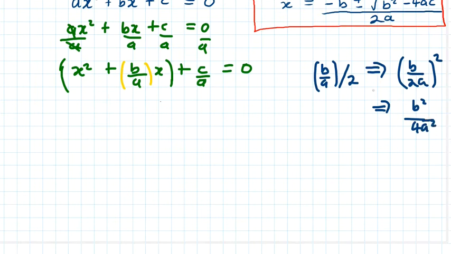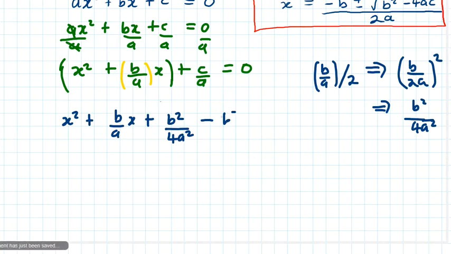And then we substitute the term b squared over 4a squared inside the equation. But since this is an equation, we have to make sure everything is balanced. So the way we balance it is x squared plus b over a x plus b squared over 4a squared, minus.